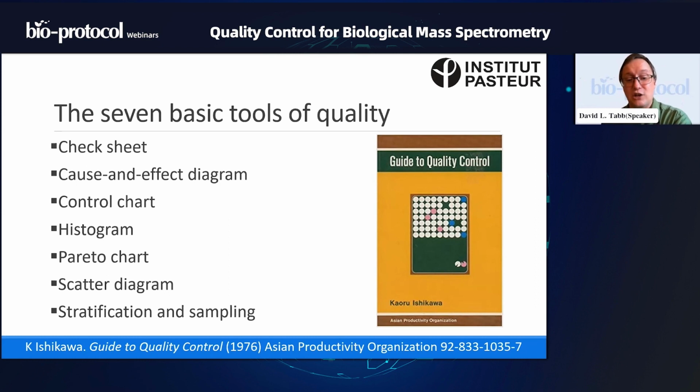So we're going to discuss check sheets, cause and effect diagrams, control charts, histograms, Pareto charts, scatter diagrams, and stratification and sampling. Stratification and sampling is an obvious example of 2 very different things that have been sort of glommed together as one basic tool here, but we'll give that a pass for now.